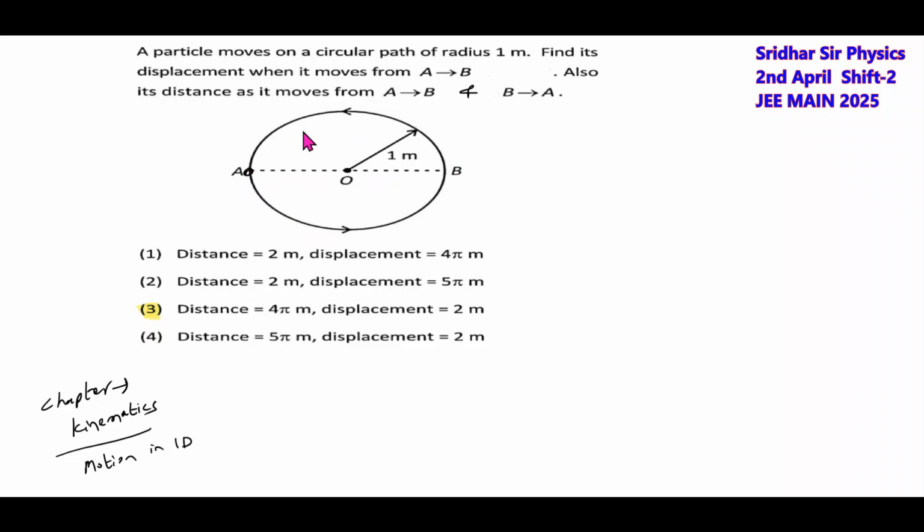Then A to B, B to A. What is the total distance covered? It will be 4 pi r. The radius of the circular path is 1 meter. So the distance covered A to B will be pi r, plus pi r, 2 pi r.